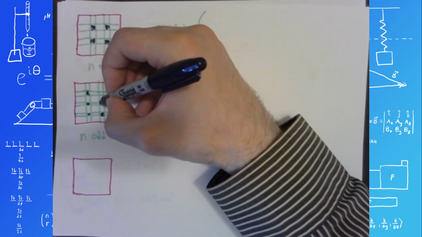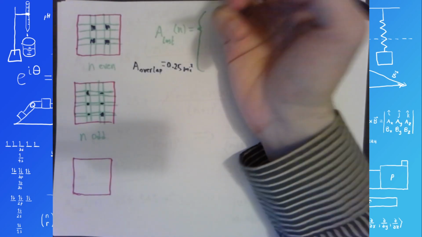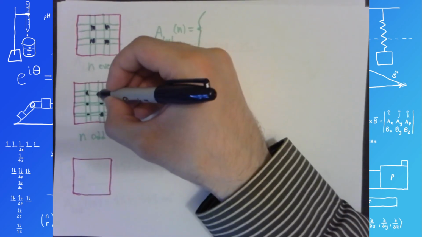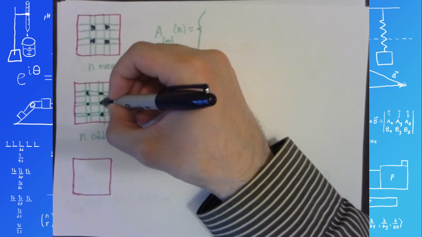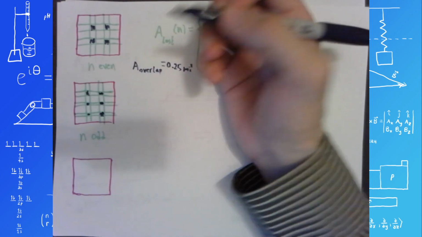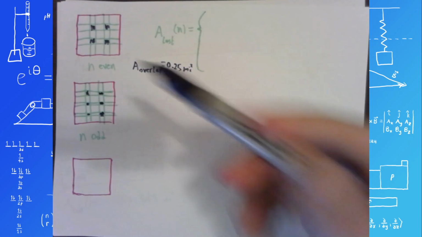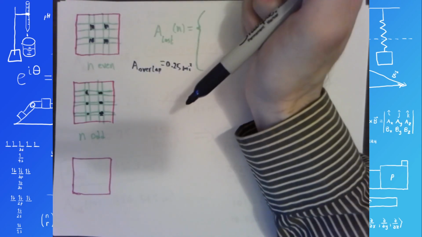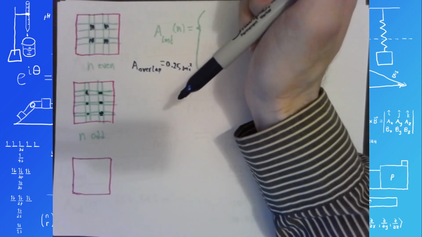So the number of overlaps is just going to be the number of verticals times the number of horizontals. If n is even, the number of verticals and horizontals will be the same. It will just be 1/2 of n.